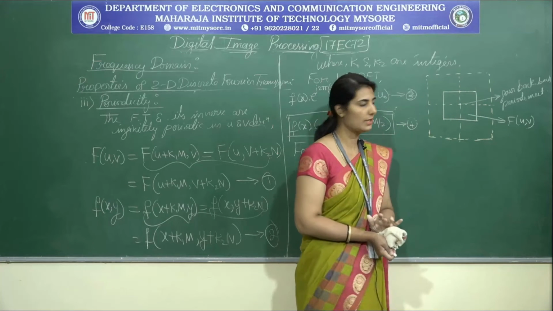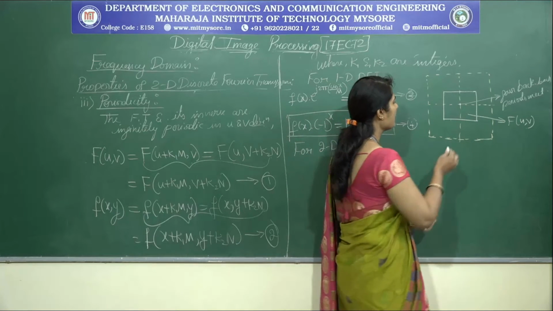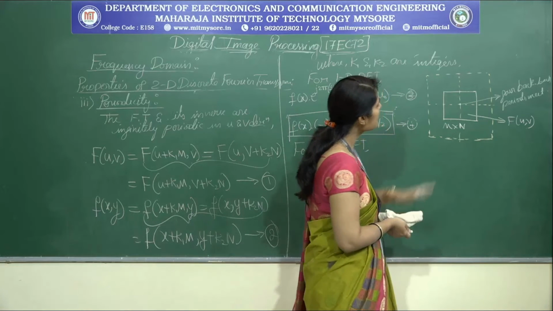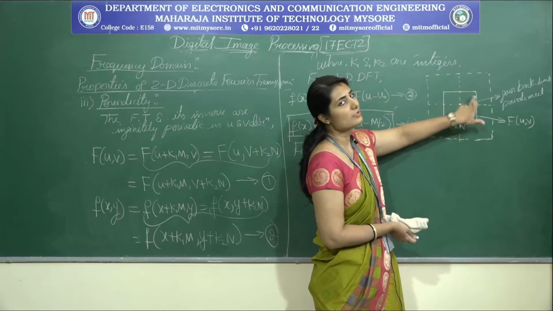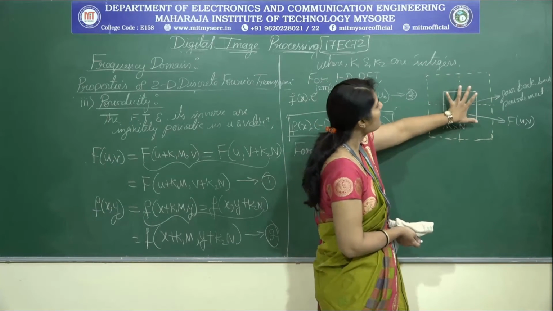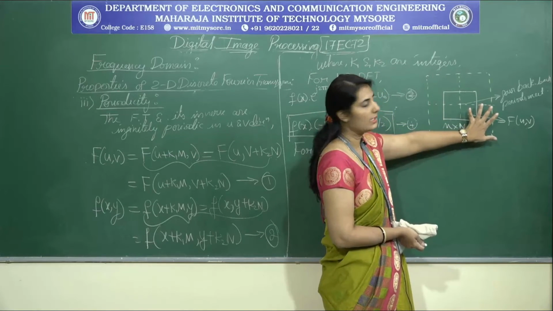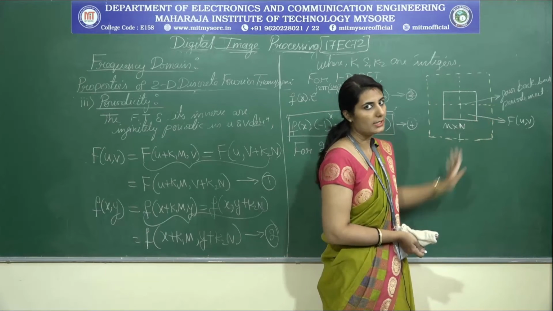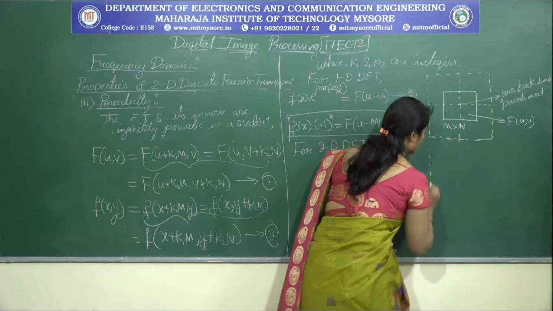The square I have written in bold is a data array of size M cross N, and this data array contains quarter samples in each period. By shifting this data array to one particular period, all the samples lie completely in one period. That can be done in this fashion.